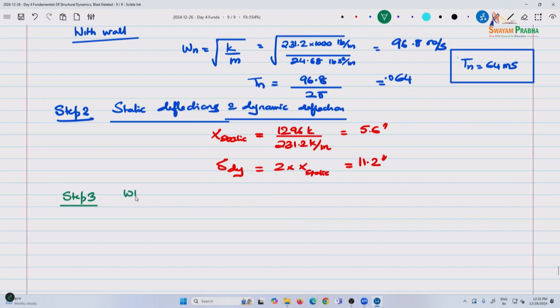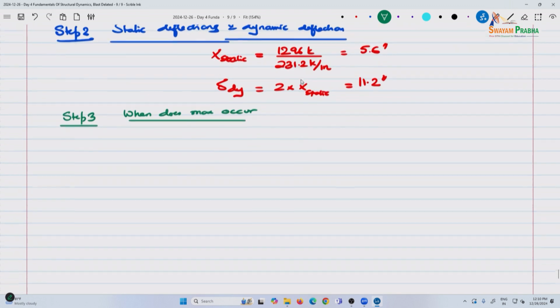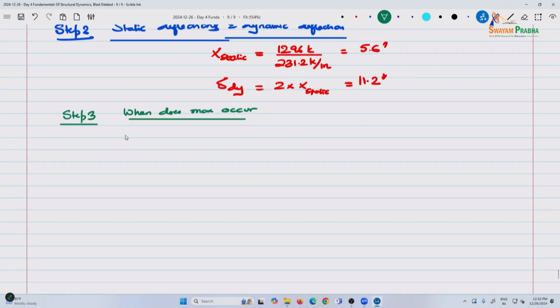So, the question is, when does the max occur? Let us consider case 1. Case 1 is for just mass of wall not considered.